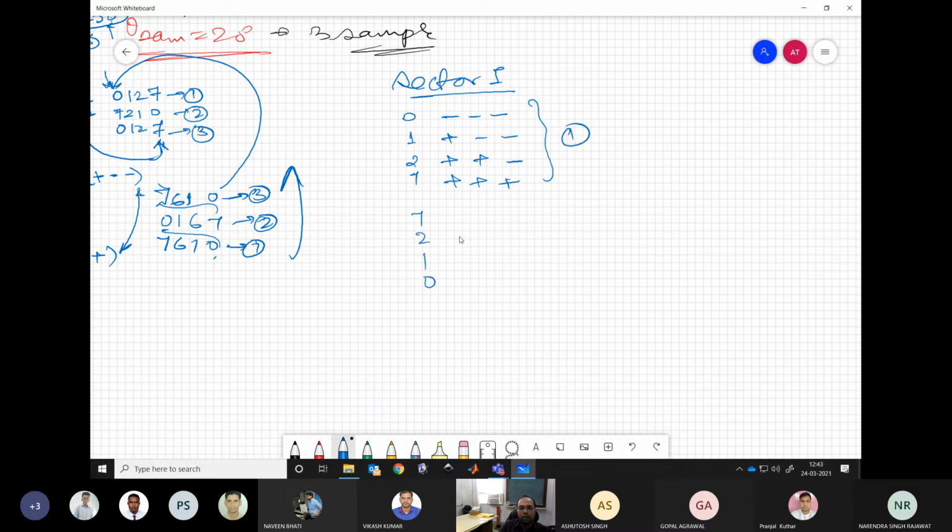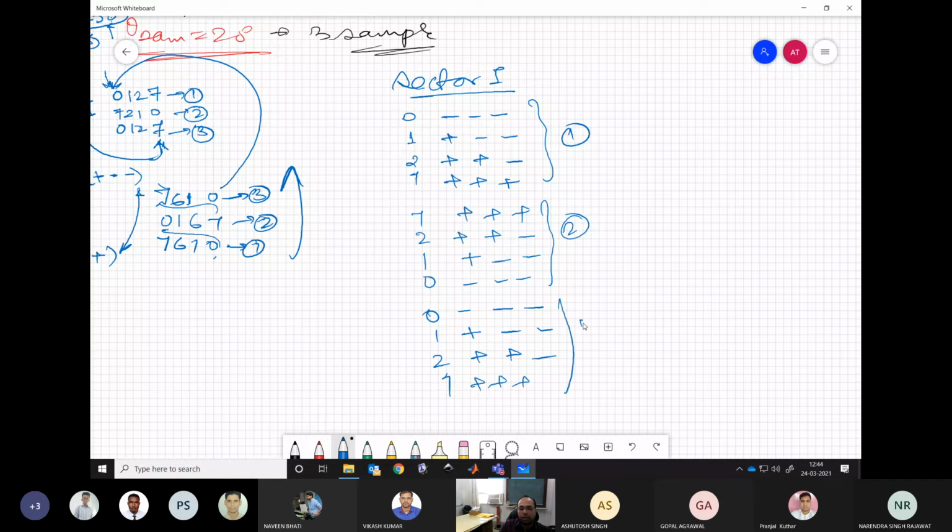Then we have 7, 2, 1, 0: plus plus plus, plus plus minus, plus minus minus, minus minus minus. This is sample 2. Then 0, 1, 2, 7 again: minus minus minus, plus minus minus, plus plus minus, plus plus plus. Sample 3. This is for sector 1.